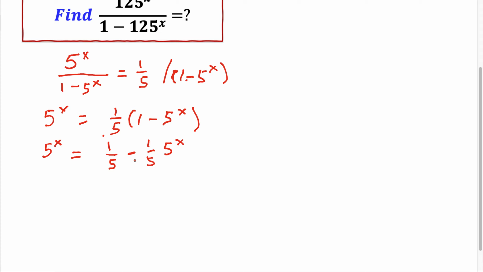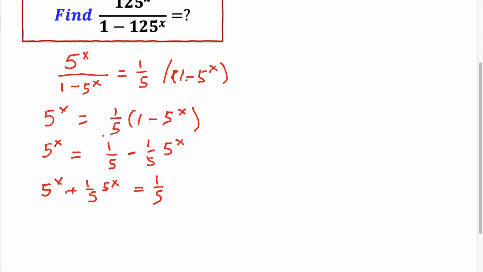But now I'm going to add 1 over 5 times 5 in exponent x to both sides, because I want to put the x terms on one side. In other words, if I move it to the other side, it's going to have the sign of positive. So 5 in exponent x plus 1 over 5 times 5 in exponent x is equal with 1 over 5.